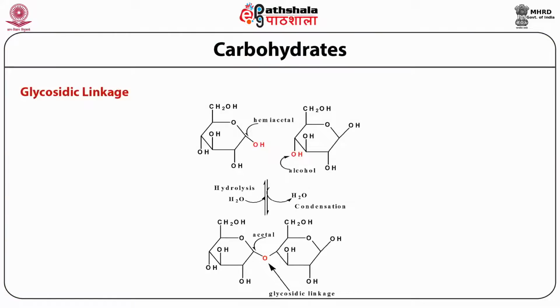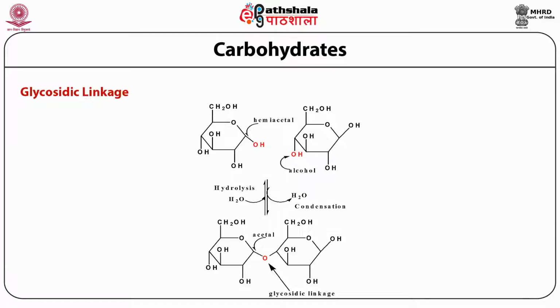Glycosidic linkage. The glycosidic linkage is nothing but the linkage between two glucose or galactose molecules, between C1 and C4 normally. For example, if one monosaccharide unit is linked to another monosaccharide via a 1,4 linkage, it will give a disaccharide.